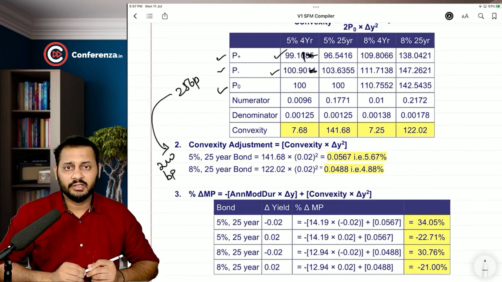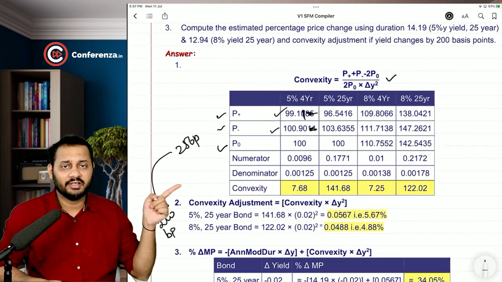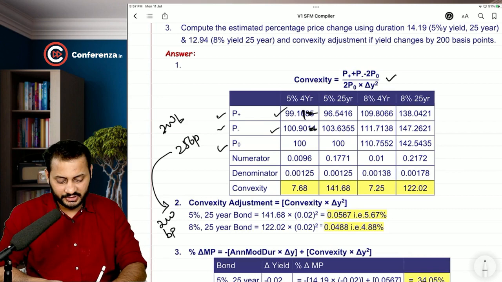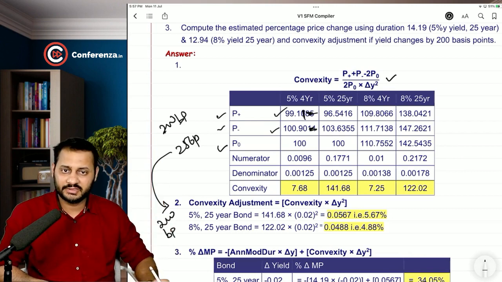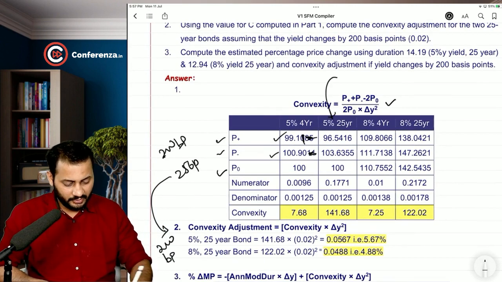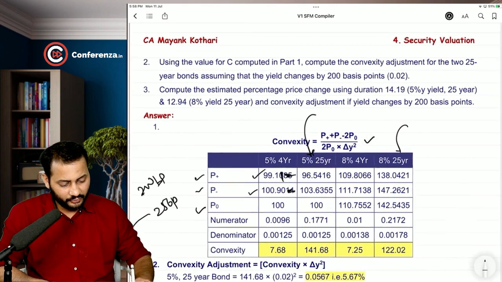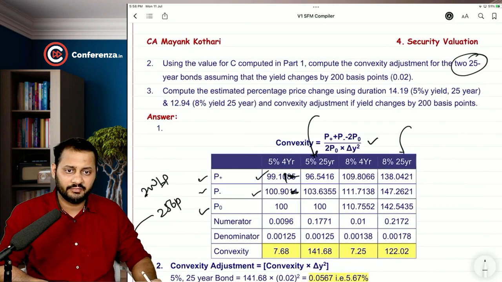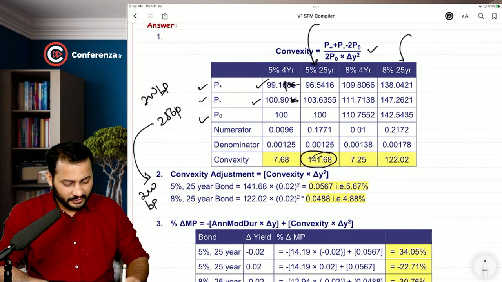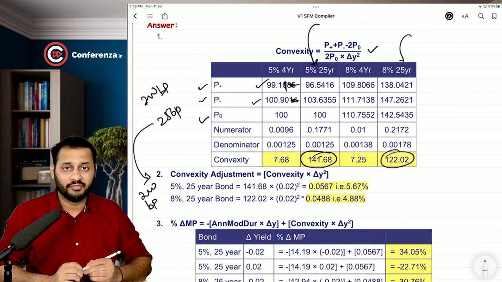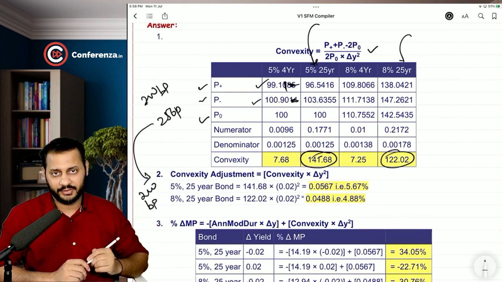In my opinion, you should have calculated the convexity again with a shock of 200 basis points for this bond and this bond. They are clearly saying that you just have to take the two bonds of 25 years. So this value may differ if you take 200 basis points.